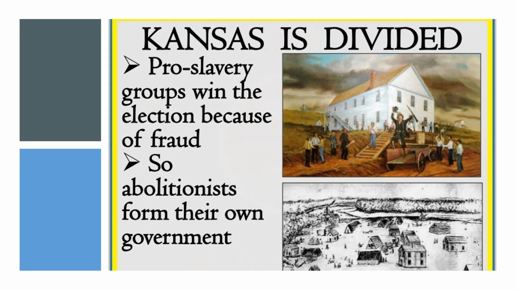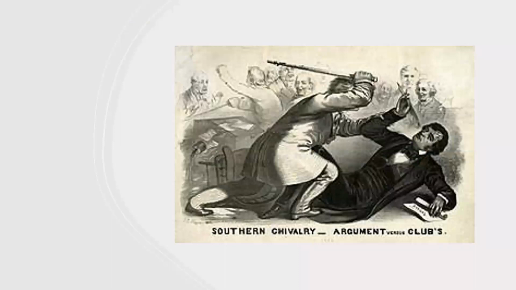On May 21st, 1856, slave state supporters marched into the Free Soil stronghold of Lawrence, Kansas, and destroyed printing presses, and they burned a hotel to the ground. The following day, back in Washington, Representative Preston Brooks of South Carolina searched out Senator Charles Sumner of Massachusetts.